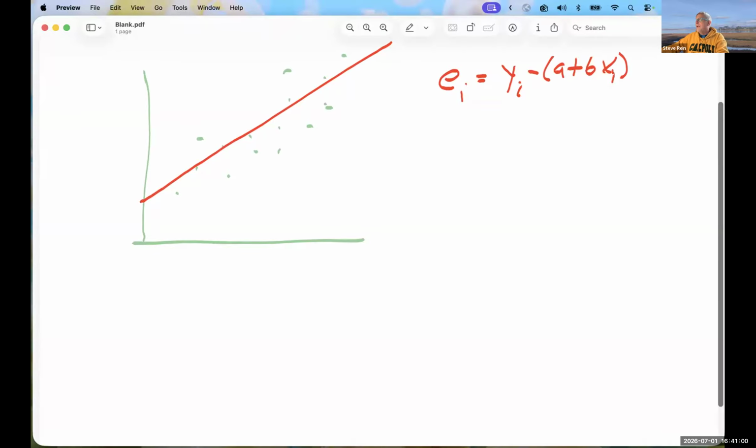And the question is, what is the standard deviation of these errors? How far off are we? It's nice to know how far off you are. What if I was going to try to draw these errors in individually, these residuals? What is the typical size of those? That is a number that I will call S sub E. Think about it as the standard deviation of those residuals.